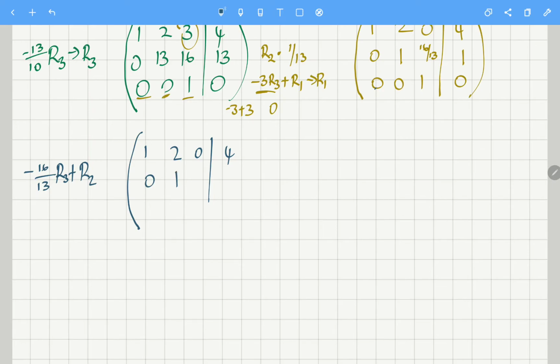That stays as a 1 because of that 0 there. Then minus 16 over 13 times 1 is minus 16 over 13, plus that 16 over 13, so that cancels out and becomes a 0. Minus 16 over 13 times 0 again is 0, plus 1. That stays as a 1.